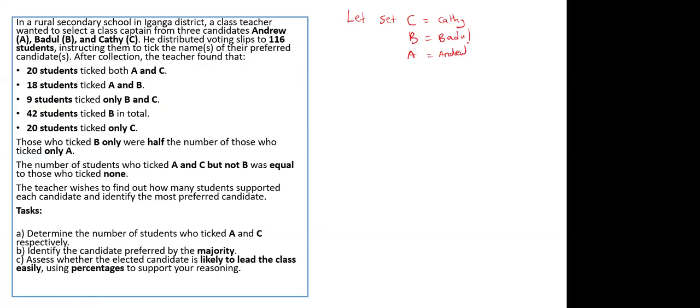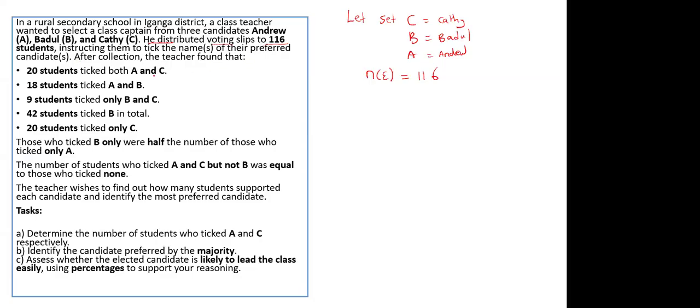Then from there, you start interpreting or analyzing the data step by step, statement by statement. He distributed voting slips to 116 students, so the universal set is 116, instructing them to tick the name of their preferred candidates.